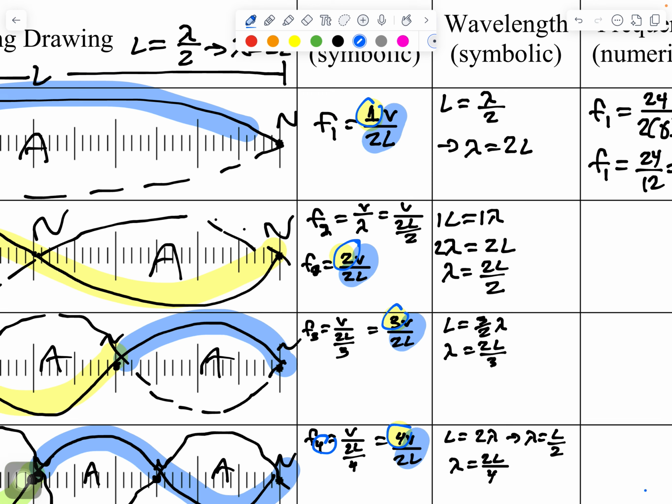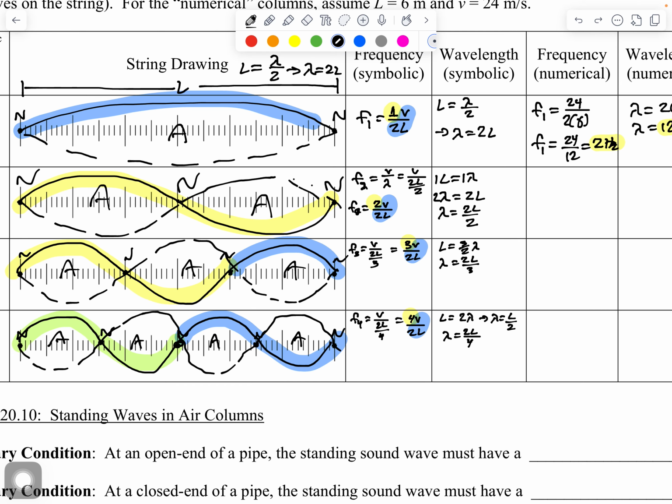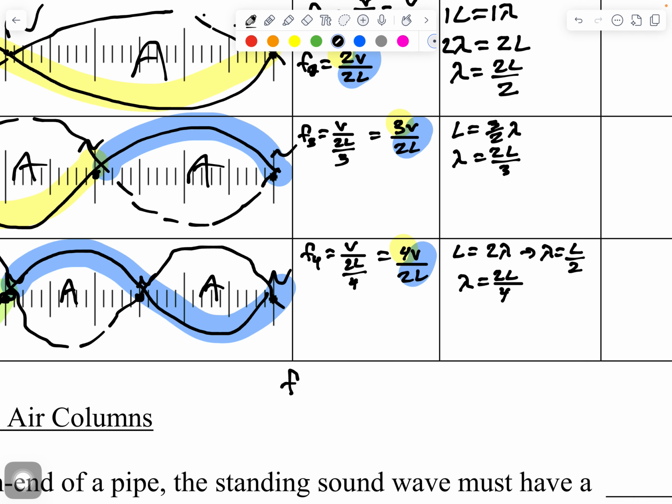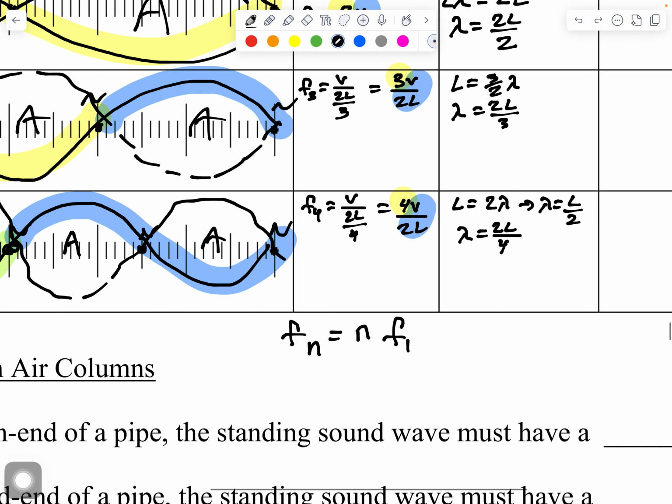The third harmonic is just 3 times this value of V over 2L, which is the first harmonic. So one of the things I should be noticing here is that any frequency is going to be the original frequency times the integer multiple. That's a little shortcut, that's how I can find the frequency of any harmonic.